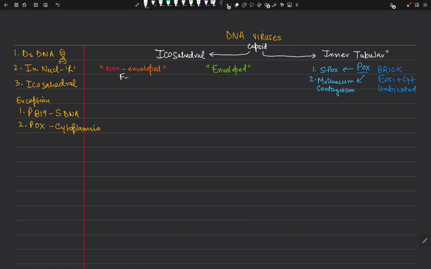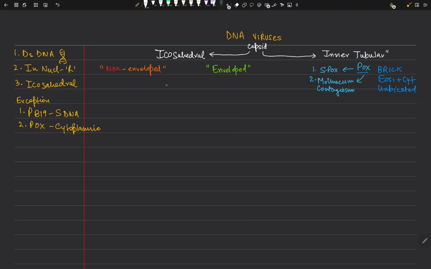And enveloped viruses are quite fragile, and they can be destroyed by alcohol and detergents. Drying can destroy them.